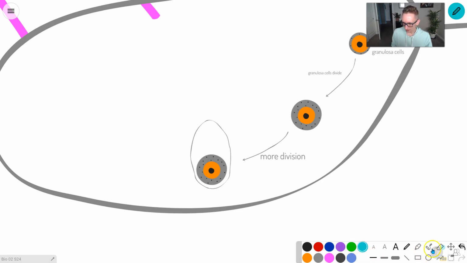And in the center, it starts to fill with fluid here. And this would all be cellular material here. Those would be all cells here.